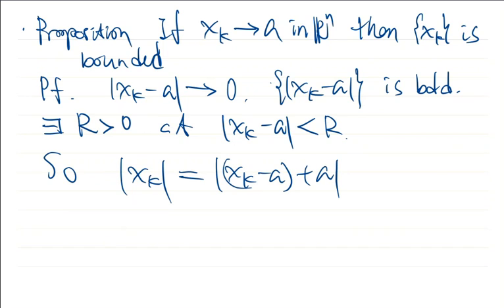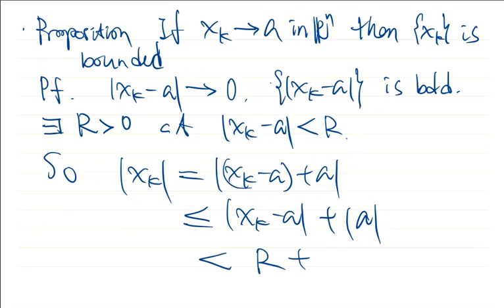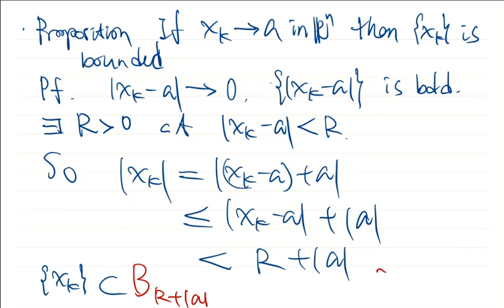And using the triangle inequality, this will not be greater than the norm of xk minus a plus the norm of a, and this will be less than r plus the norm of a. That means our sequence xk is contained in this ball, centering on the origin and with radius r plus the norm of a. So xk is bounded. Okay.